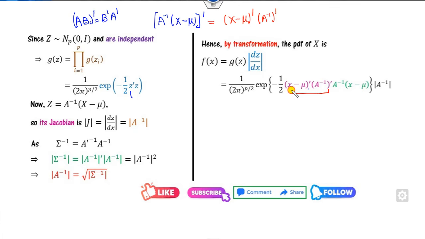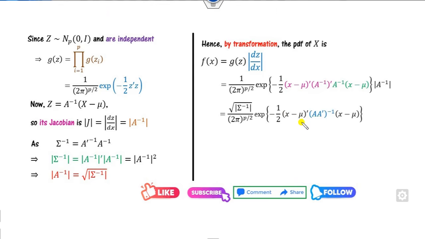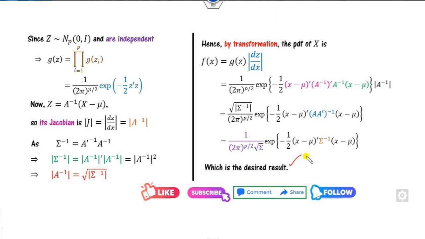Then you can see here A inverse into A inverse transpose, that will be (AA transpose) inverse. Now this value is my sigma inverse. What is AA transpose? AA transpose is my sigma, the positive definite covariance matrix. I can replace it by sigma here, and this is the required probability density function.